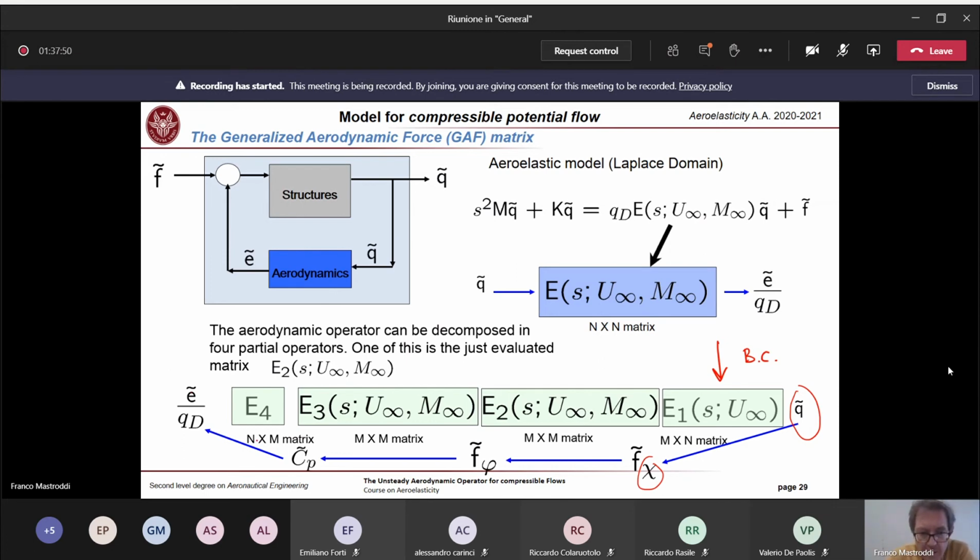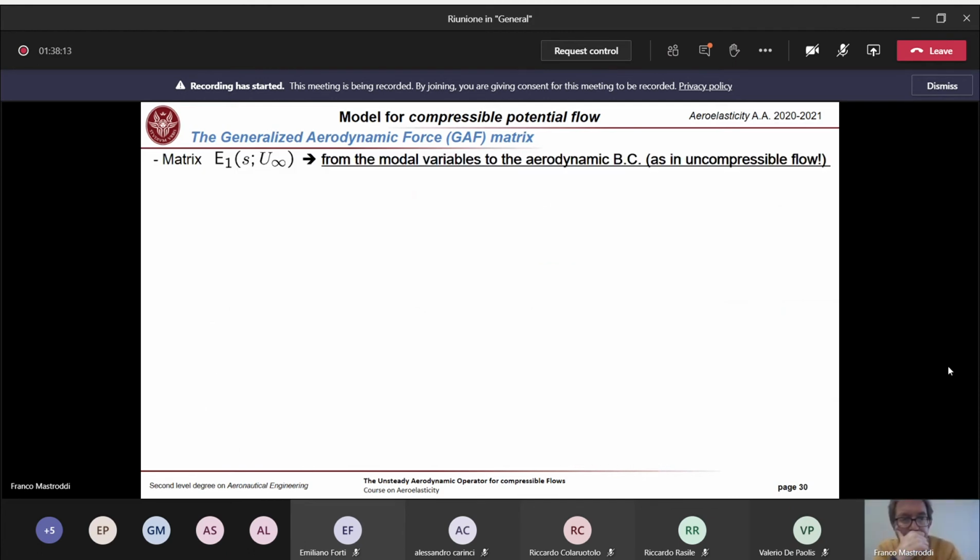So the only matrix component depending on Mach number is E2, and we have demonstrated this, but probably also the Bernoulli theorem or something transforming the velocity potential into pressure coefficient. So we have to analyze this last point together. Okay, let's go.